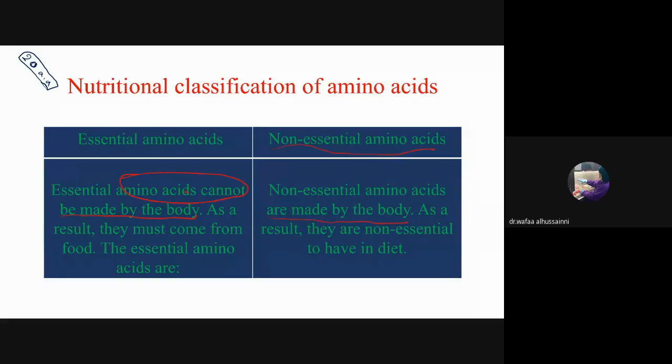Is the difference clear? So essential, we need them in our diet. Non-essential, we don't need them in our diet. Why? Because the non-essential are made in our system, whereas the essential are not made in our system, but still they are very important to our system, so they are needed to be taken through our diet.